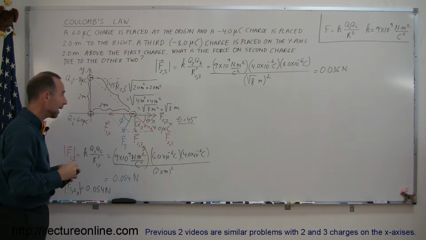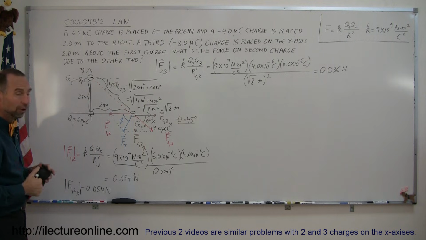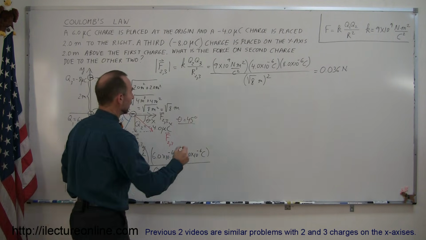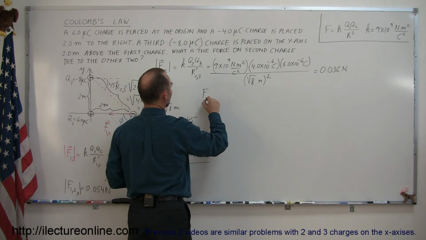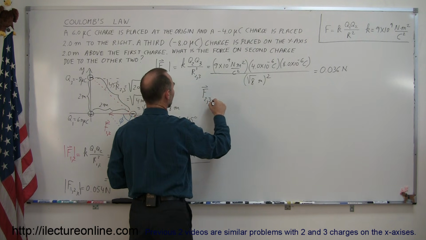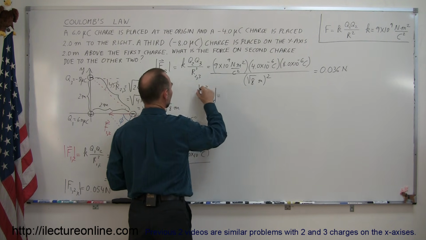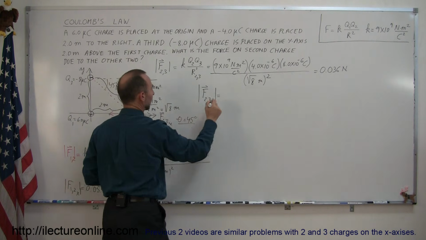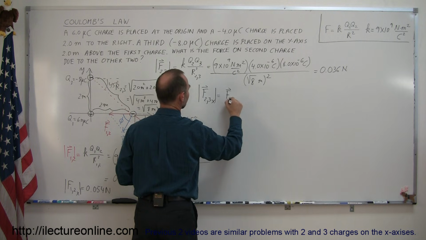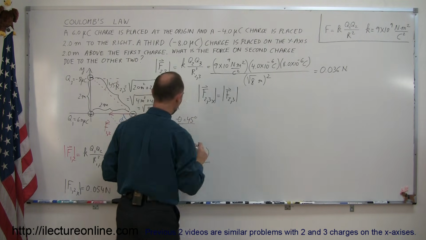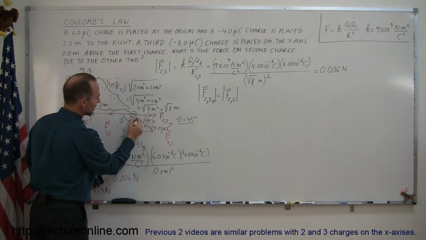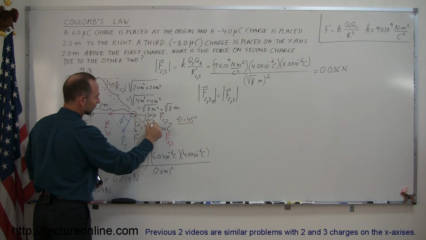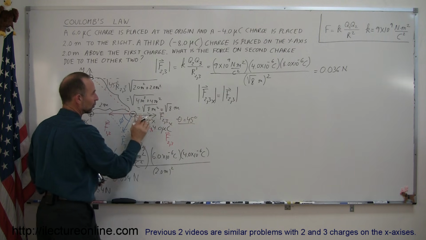All right, knowing that, let's find the x and y components of F23. So F23 in the x direction is equal to, and again, I'm only looking for the magnitude so far, the magnitude of the vector F23 times, since the x component is adjacent to the angle of this particular triangle, the cosine of theta.